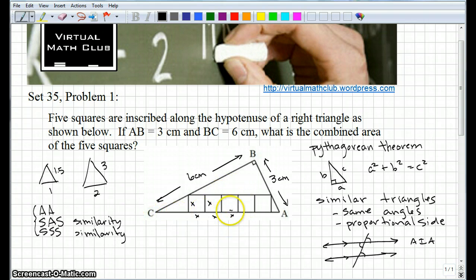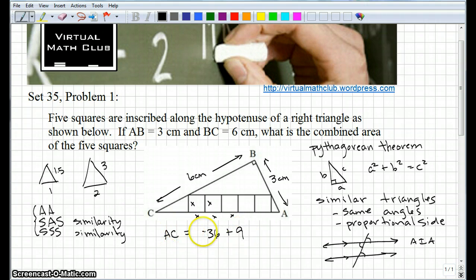And we can figure out the length of this side, AC, by using the Pythagorean theorem. AC squared is equal to a squared plus b squared, so that's 36 plus 9.